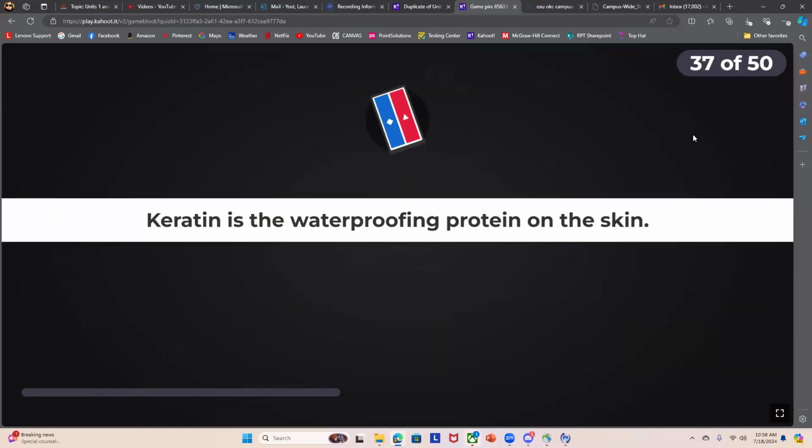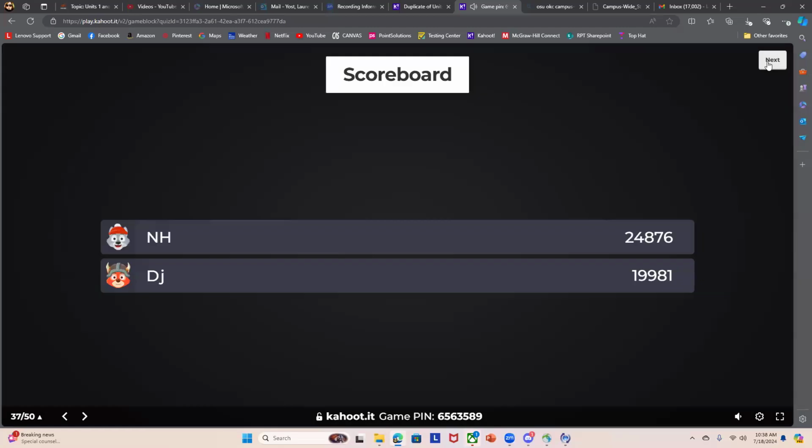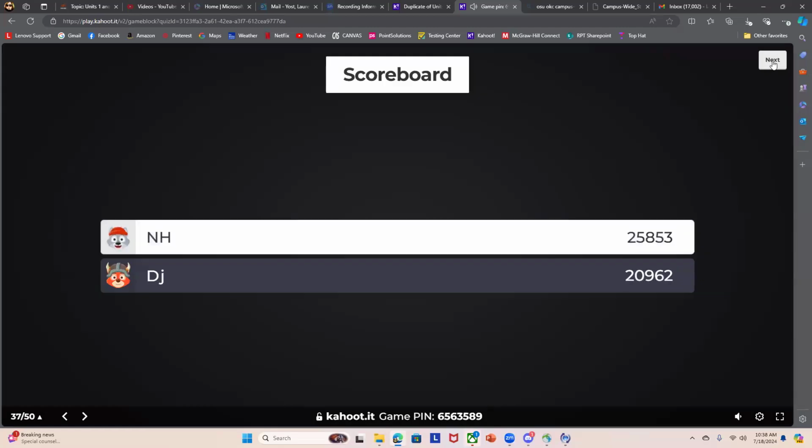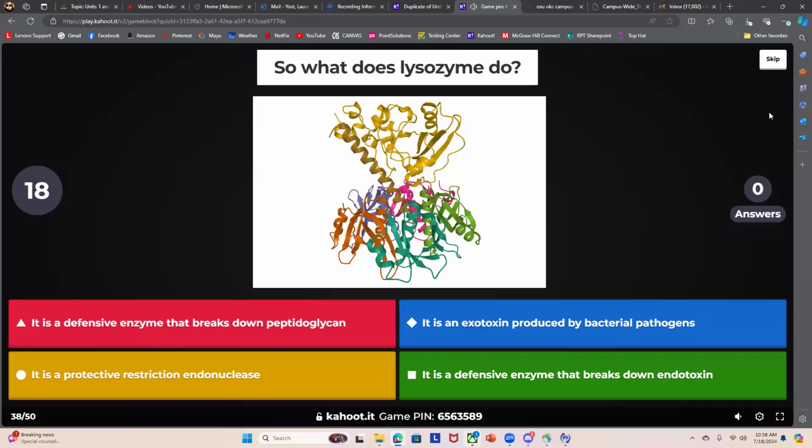All right, true or false, keratin is the waterproofing protein on the skin. Easy one, yeah, that's true. It's also part of what makes the outer coating of endospores. All right, so what does lysozyme do? This is part of the innate response.